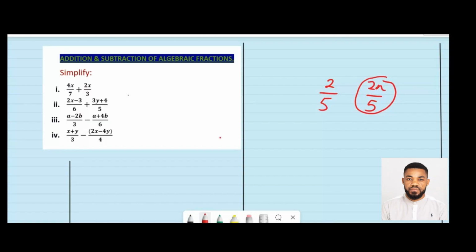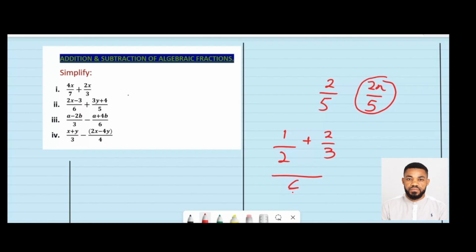Before we solve these questions, I want you to know that the procedure or the steps that we use in solving numerical fractions are actually the same as the steps we use in solving algebraic fractions. Let's take an example. Assuming we have 1 over 2 plus 2 over 3, how do we solve this? We have to find the LCM or the common denominator. The common denominator is going to be 2 times 3, which is 6.